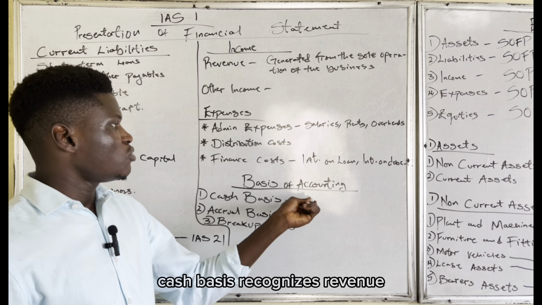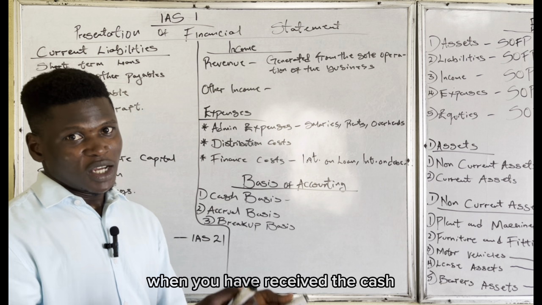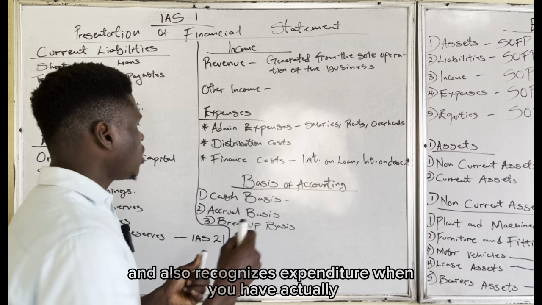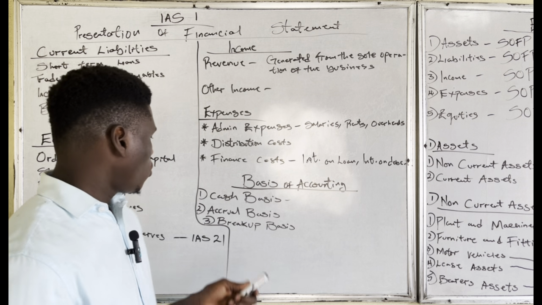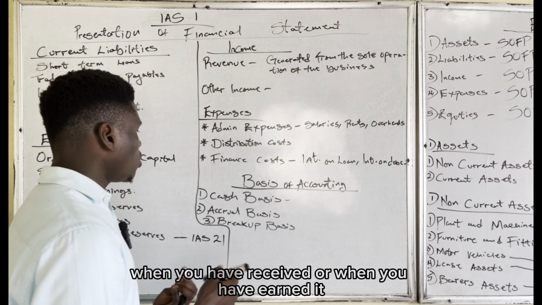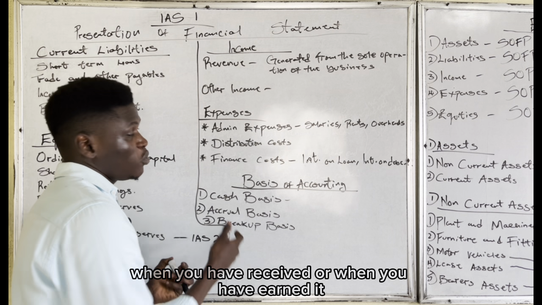Cash basis recognizes revenue when you have received the cash and also recognizes expenditure when you have actually paid the cash, while accrual recognizes revenue or income when you have earned it.